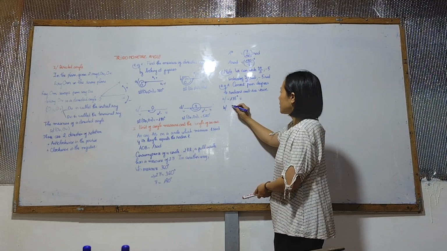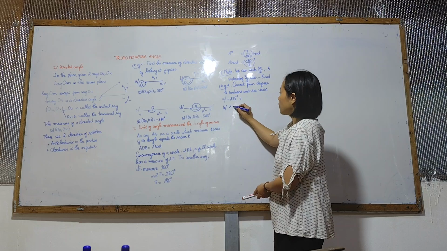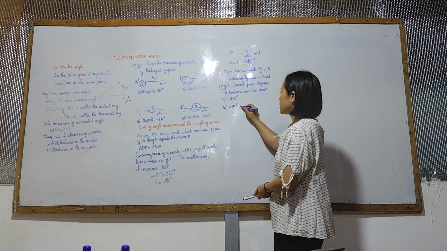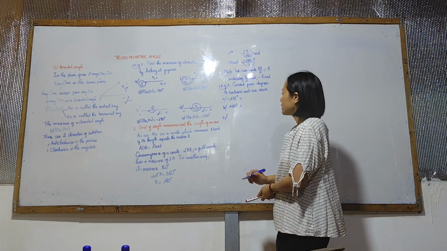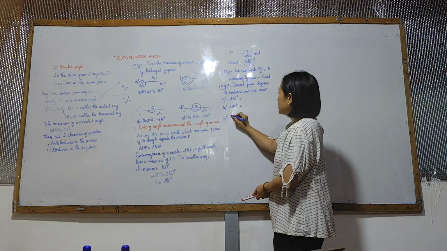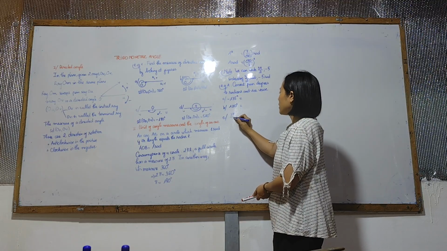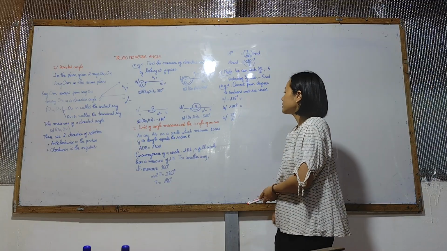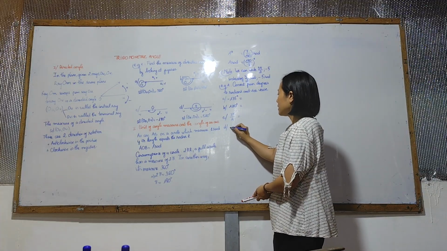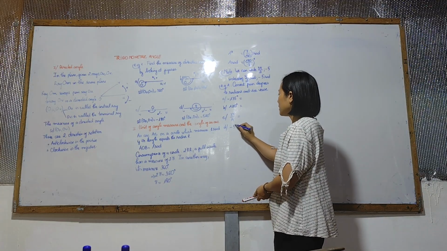B: 120 degrees. C: 3pi over 4. And D: negative 5.